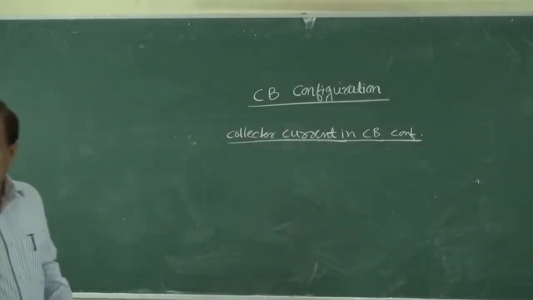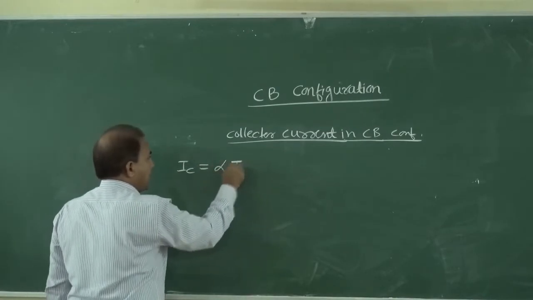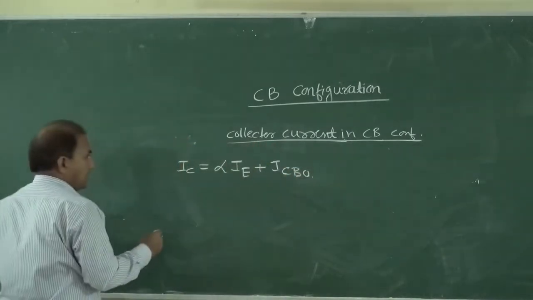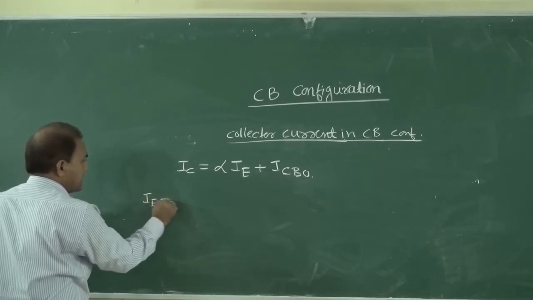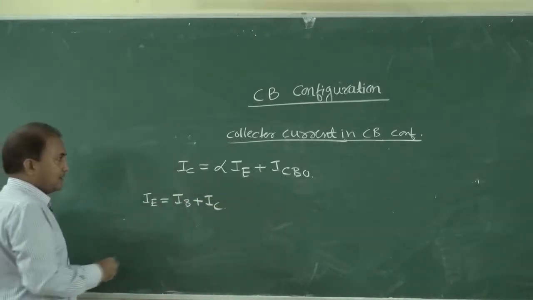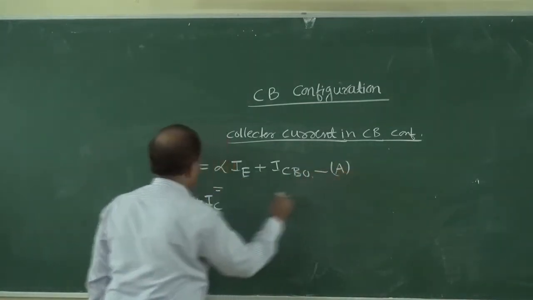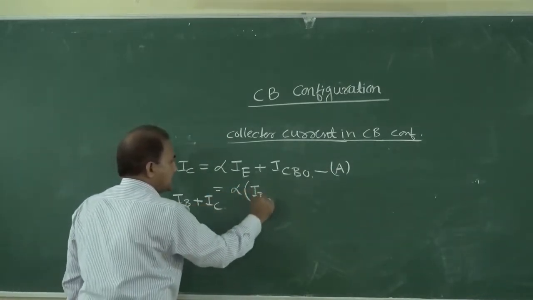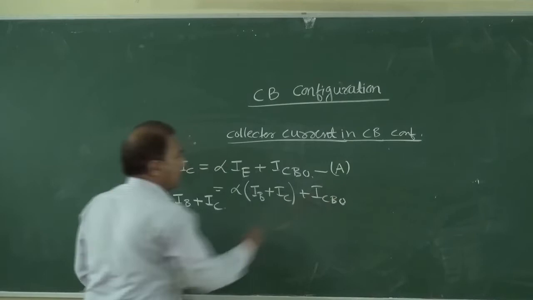So in case of common base configuration, IC is equal to alpha IE plus ICBO. And we know that IE is equal to IB plus IC. Suppose this is equation A, so we can write IC equal to alpha into (IB plus IC) plus ICBO.